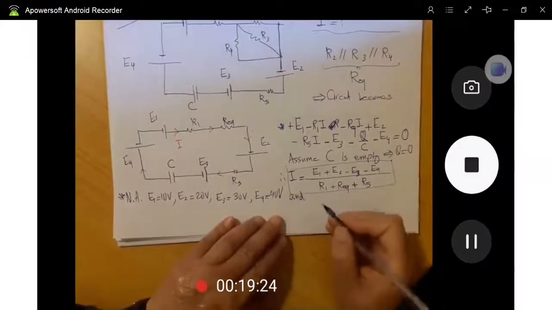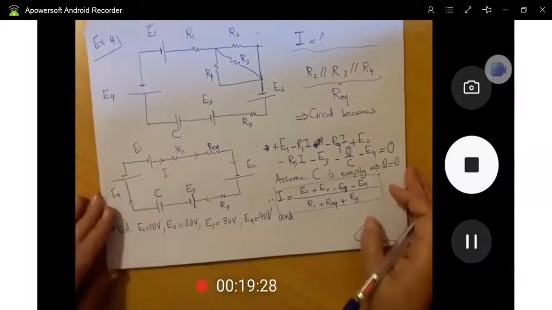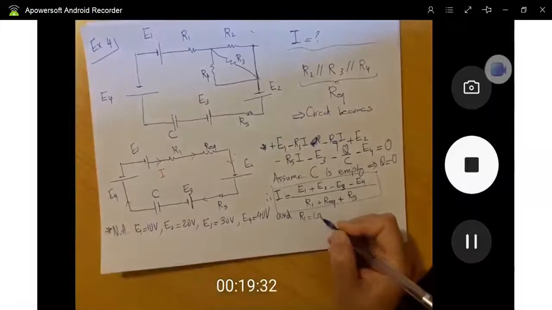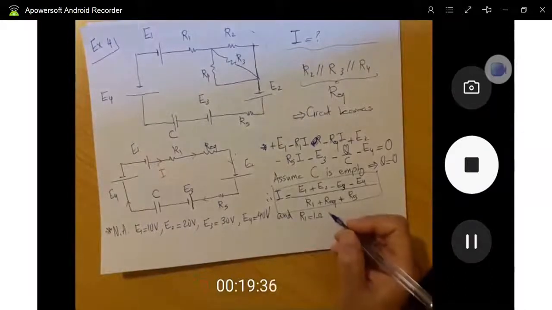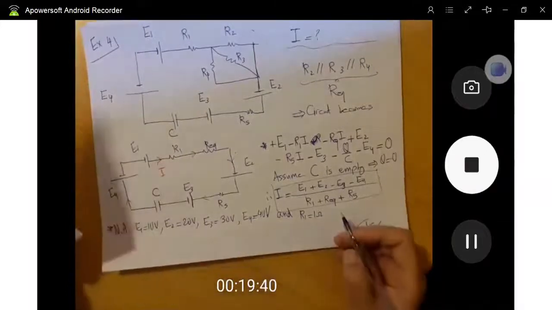And given R1 equals 1 ohm. I prepared it somewhere here. Hold on a second please, let me see the circuit I prepared.